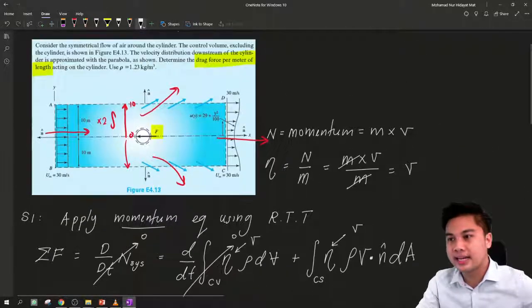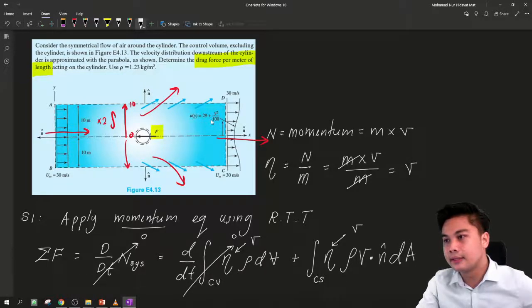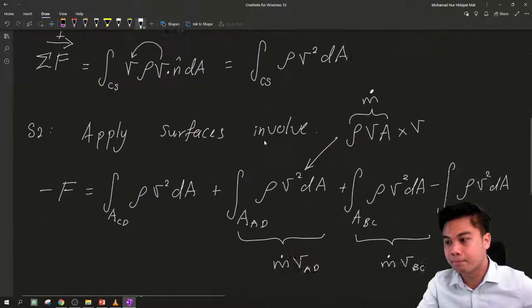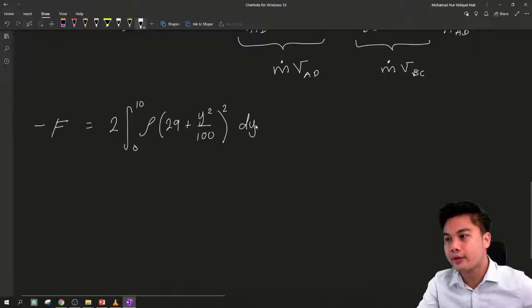Remember that the question asks for drag force per meter. So when dy is multiplied by one meter, we will get the area. That's why this is dy. This is per meter, so when we multiply with a meter, we get the area.